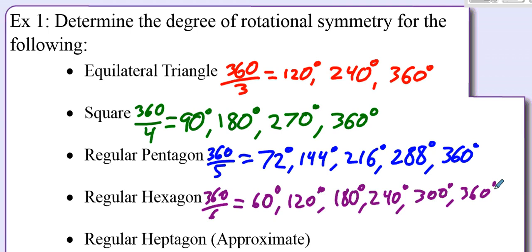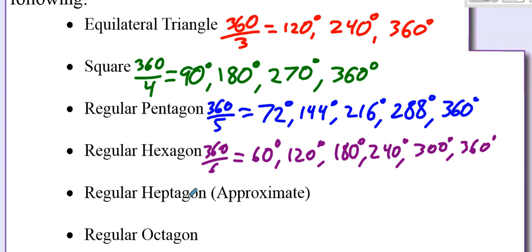This next one, the math is pretty hard. Heptagon means 7 sides. And I've only met one person in my life that likes dividing by 7 or could divide by 7 in their head. It's not me. So, divide by 7, you get 51.43 about, I'm rounding.